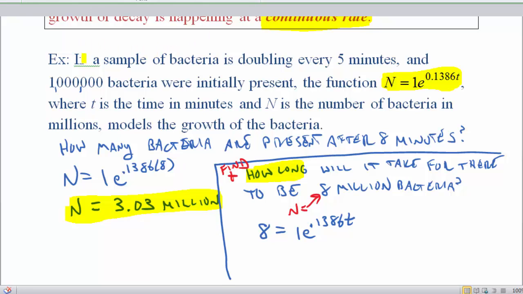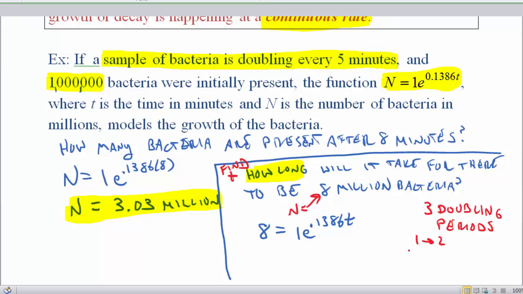All right? But actually, if you go back and read the problem more carefully, they tell you that the sample of bacteria is doubling every 5 minutes, and it started out at 1 million. So to get from 1 million to 8 million is actually three doubling periods, right?